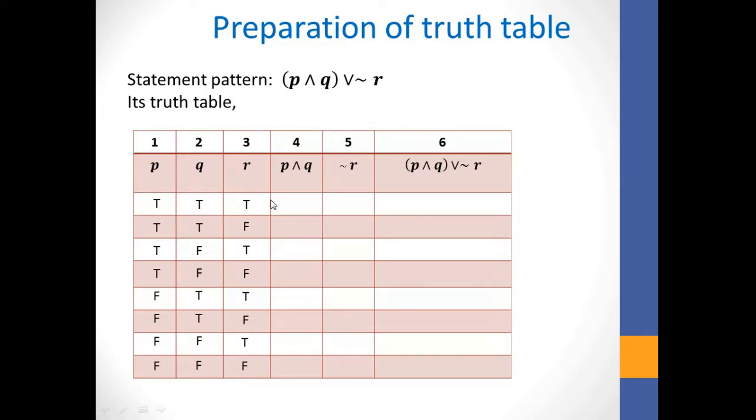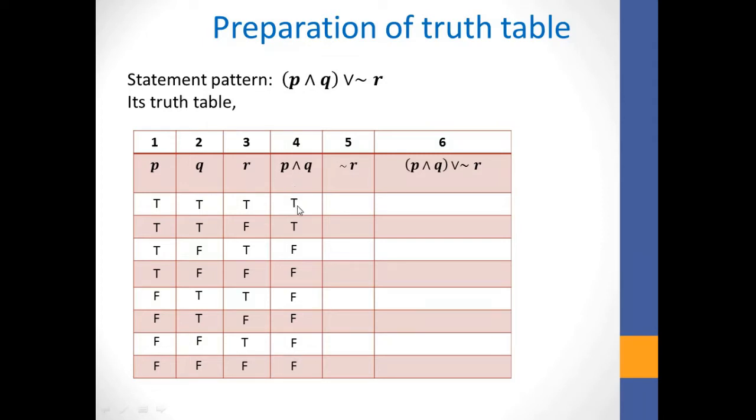T and T means P and Q means here T and T is T. Then see here, T and T is again T. Then T and F is F. Then again T and F is F. Then F and T is F. See carefully. Then F and T is also F. Then F and F is also F. And last one F and F is also F.